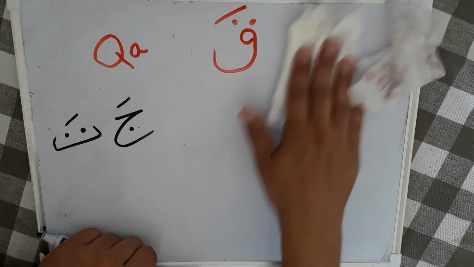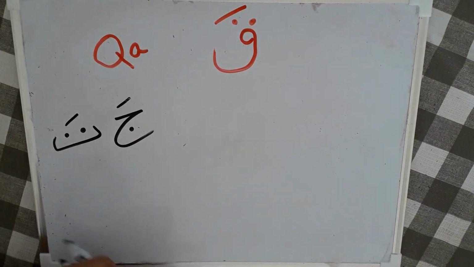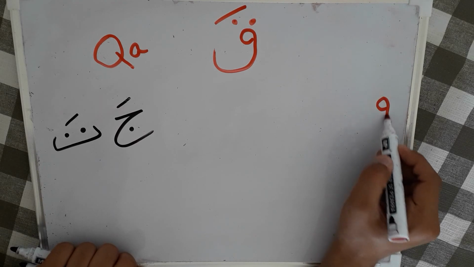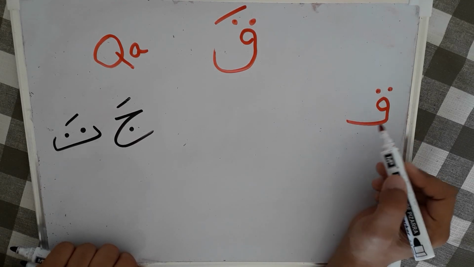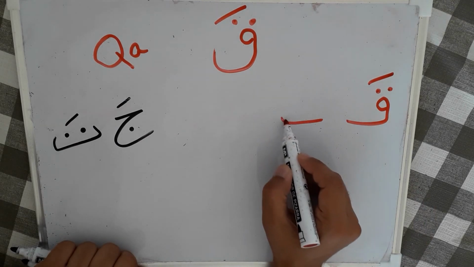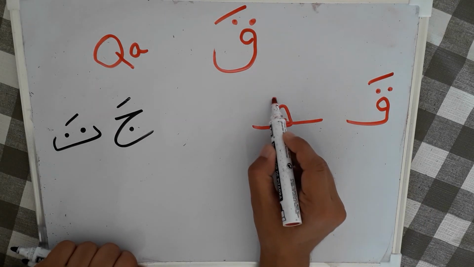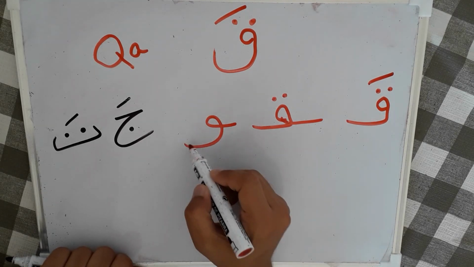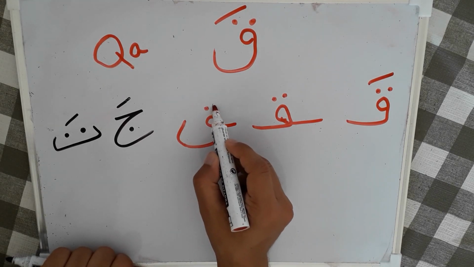I sound crazy, I know. So let's see now qa in the beginning of the word, qa in the middle of the word, and qa in the end of the word.